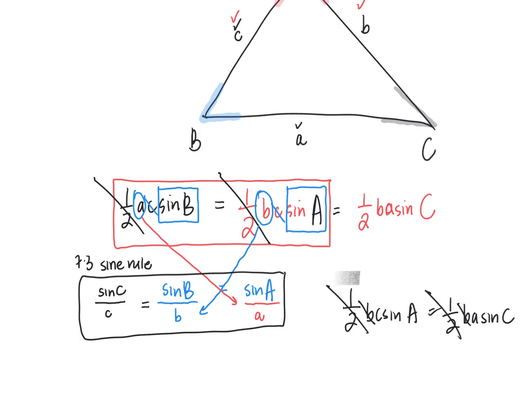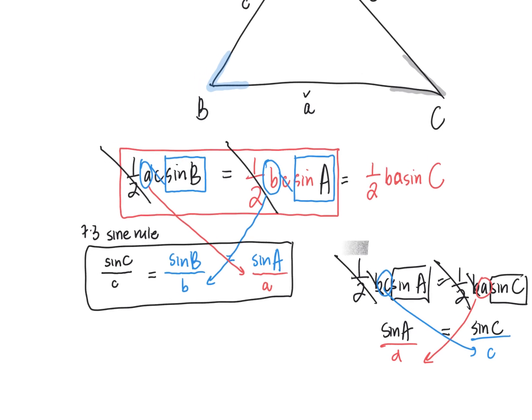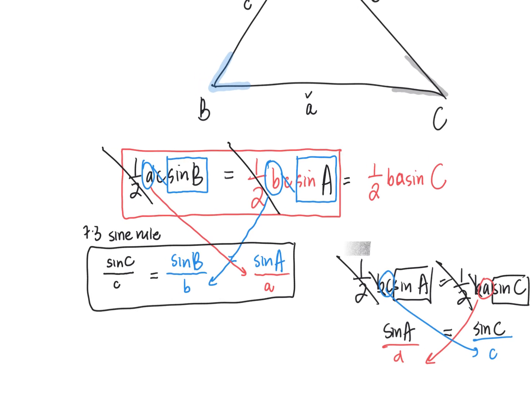Can you see that if you keep sine A here and sine C here, what do you do with the A here? Bring down to divide. This B, this C, bring down to divide. So the ratio between the length and sine of the angle is the same for the triangle.